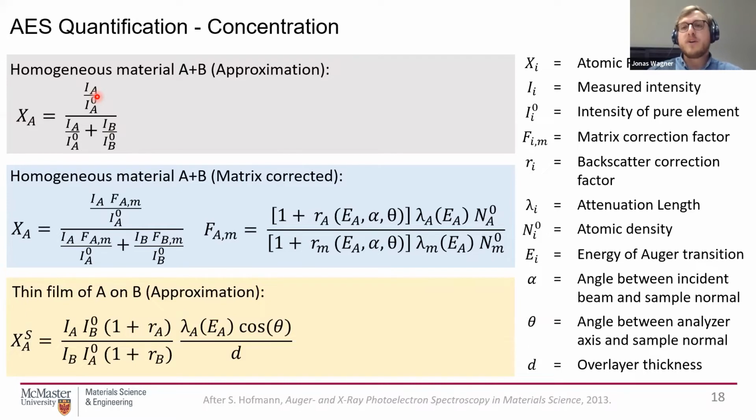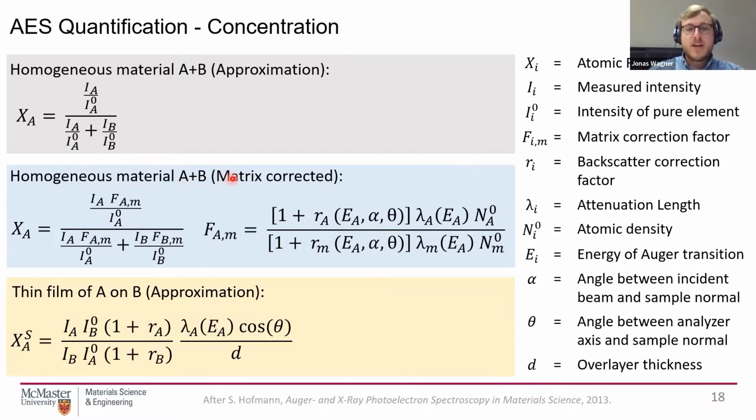You can also look at relative sensitivity factors, which is basically the intensity of the pure element normalized by the intensity of a pure reference element, usually silver. But that is not enough, right? If we have a mixture, and in many cases a mixture is more than the sum of its elements, we need to take that matrix into account.